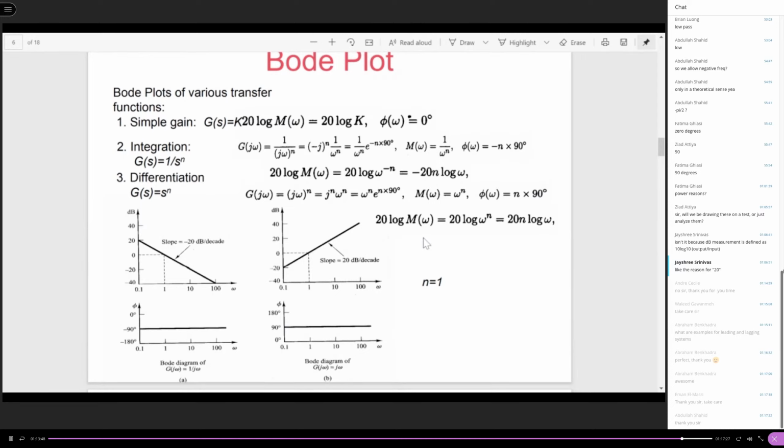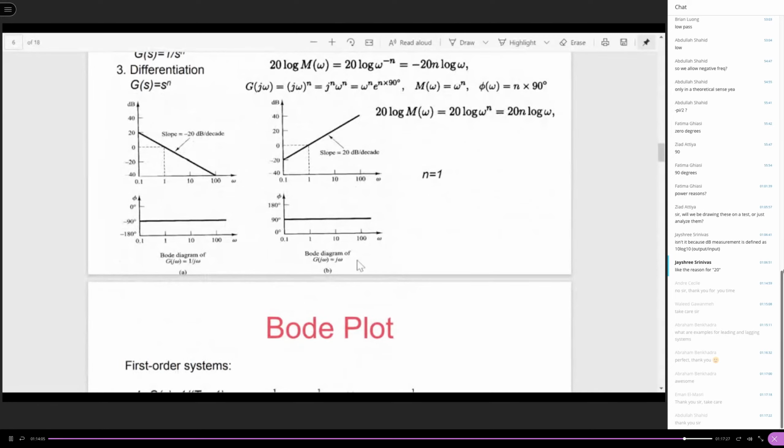It is also interesting to notice that this magnitude and this magnitude are symmetric with respect to the frequency axis. Even the phase is symmetric, because this is 90 degrees.